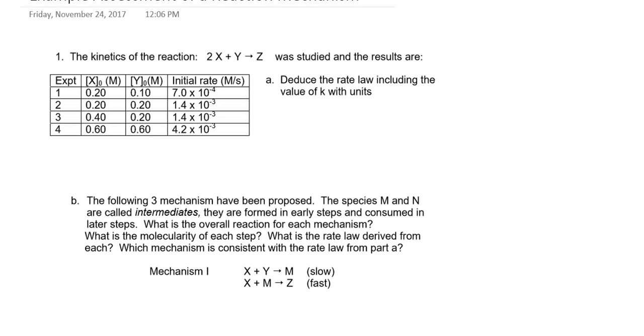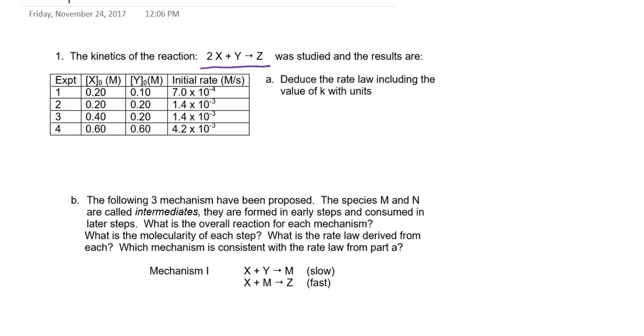Here in this particular reaction problem, I'm given initial rate data for this chemical reaction on the slide. I have 2X plus Y going to Z, and I have enough information to be able to figure out the order of the reaction with respect to X and Y, and then ultimately piece together a rate law for the overall reaction.